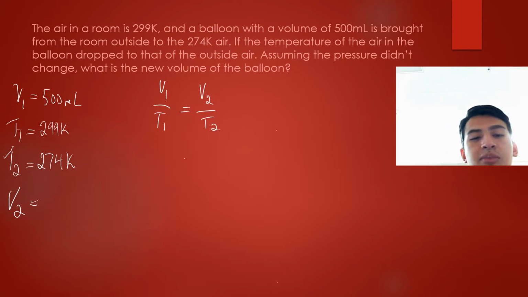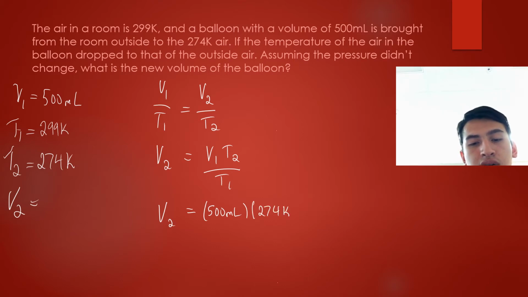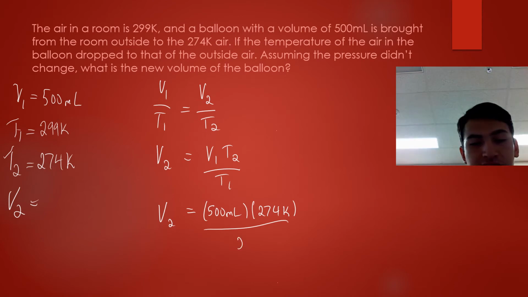I'll rearrange for the variable I'm solving for, which is V2. That means T2 will go on the top of the other side. So V2 equals V1 times T2 over T1. I'll substitute my values in. Volume 2 equals V1, which is 500 milliliters, times temperature 2, which is 274 Kelvin, all over temperature 1, which is 299 Kelvin.